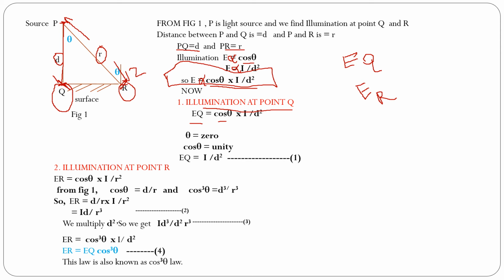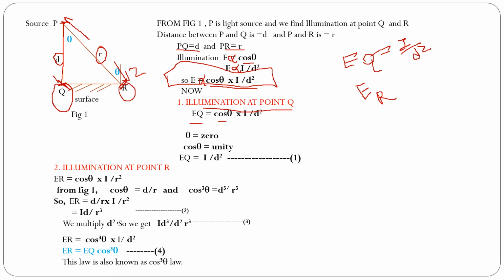So theta is 0, and cos theta is unity. So I get EQ is equal to I by D square. Okay, inverse square law.